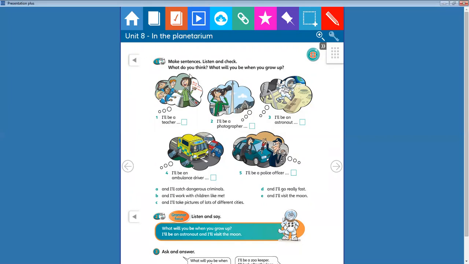What do you think? What will you be when you grow up? For example, when I grow up, I want to be a teacher. That's just an example. Look at these pictures and these sentences, and let's complete them.